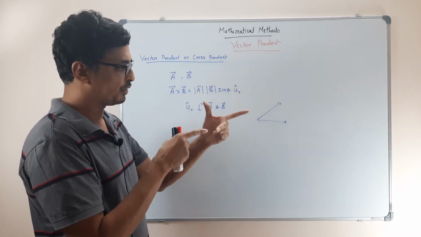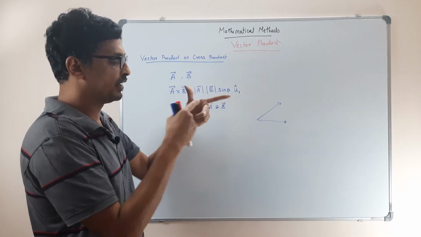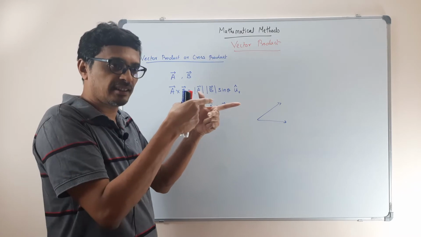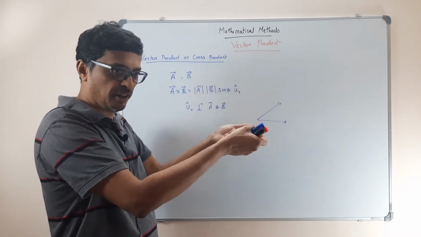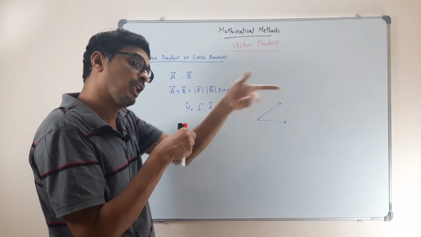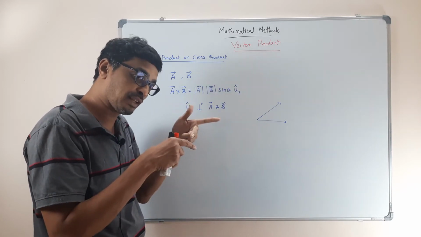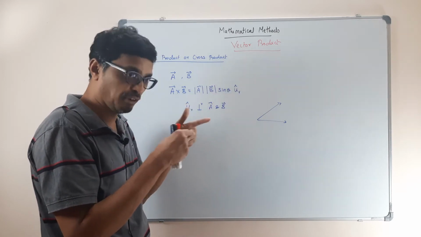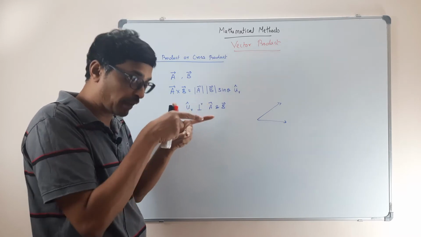When there is a current carrying conductor placed in a magnetic field, it is going to face a force which will be perpendicular to the direction of the current as well as the magnetic field. That's why your vector product comes.